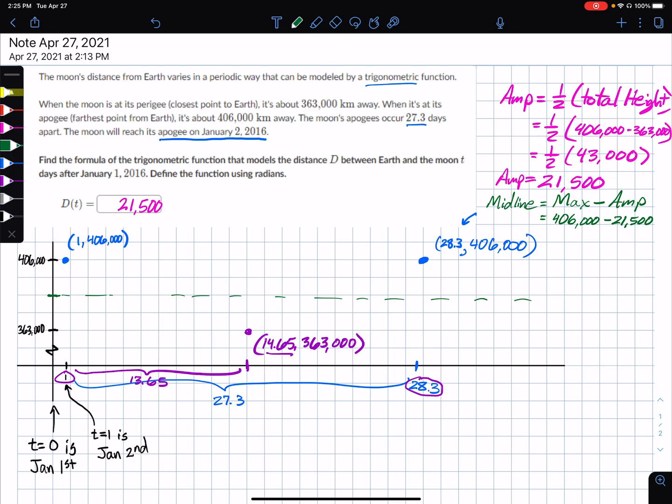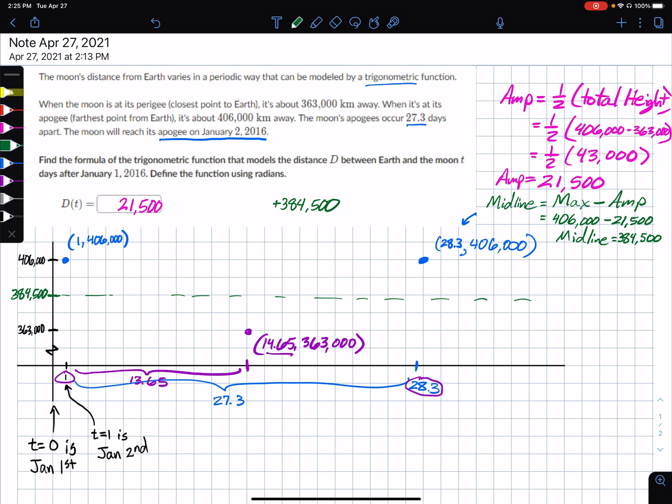And I'm going to use my off-screen calculator just to quickly get that. 384,500. So our midline, also known as our vertical shift, is 384,500. Okay, so that's this value here. And I can add that on to the end of the model that we're creating. Like I said, that's our vertical shift constant.